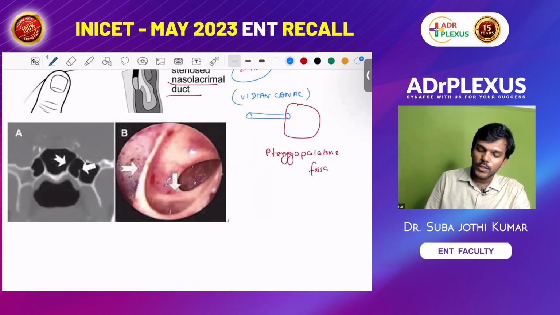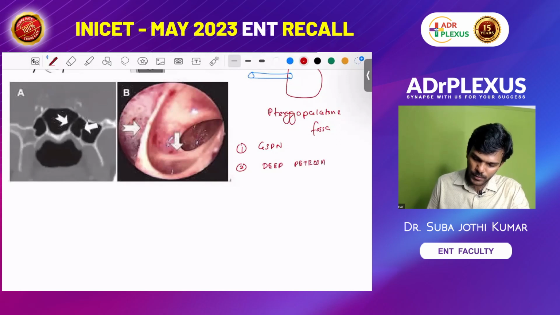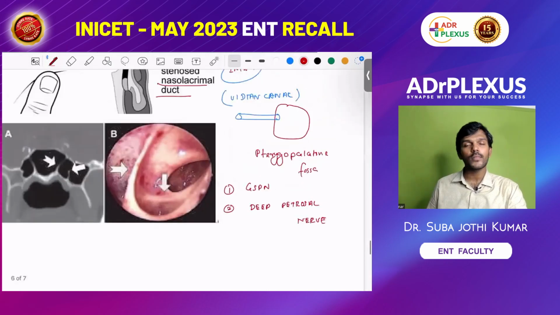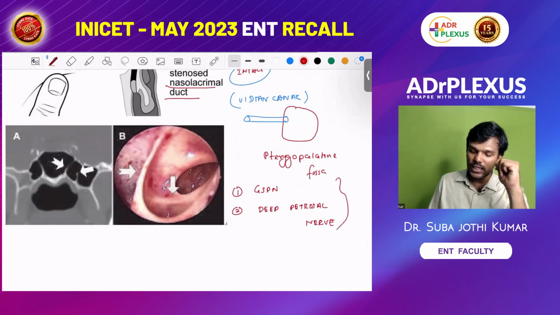Okay. So in the median canal, we could see number 1, greater superficial petrosal nerve, and then deep petrosal nerve. If these two nerves travel together and pass along the median canal, we call the combination of these two nerves the median nerve.